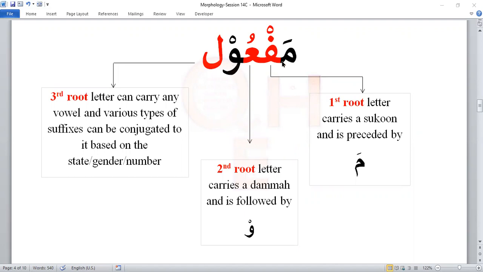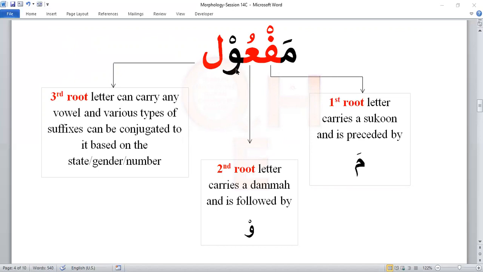So ismul maf'ul, or passive participle conjugation, is such that the first root letter will carry a sukun, and the first root letter will be preceded by mim fatha. After the first root letter, there will be a second root letter which will carry dhamma, and the second root letter will be followed by waw sakina.